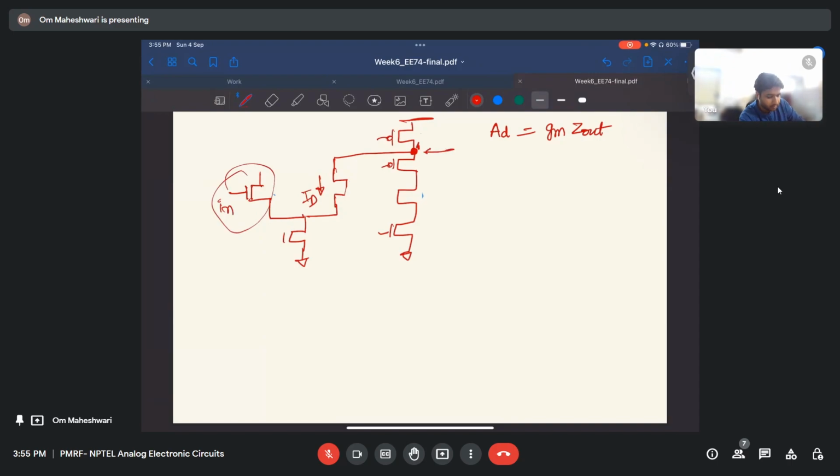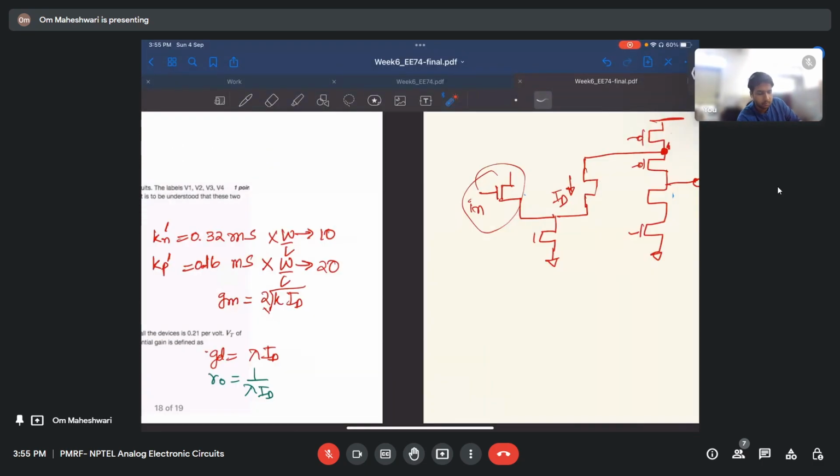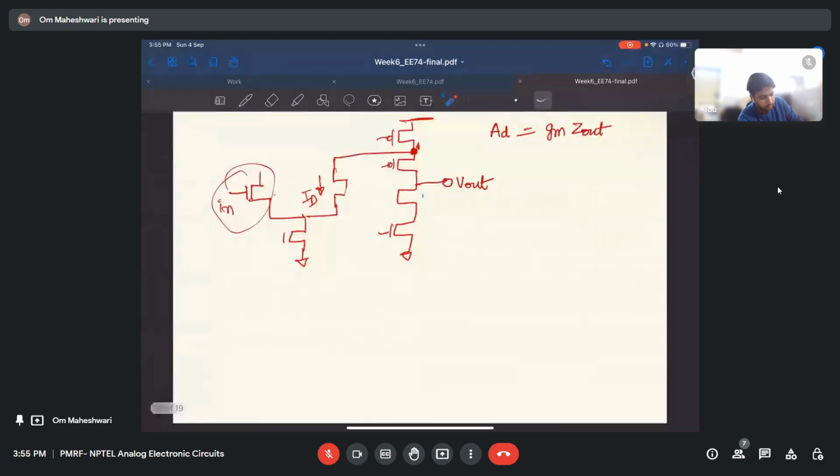So Z out we have to find at this node, right? Not, sorry, output is not here. Output is here. V out is here. So Z out will be seen from here.